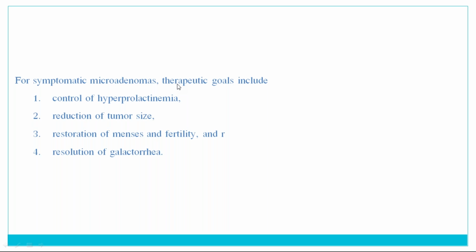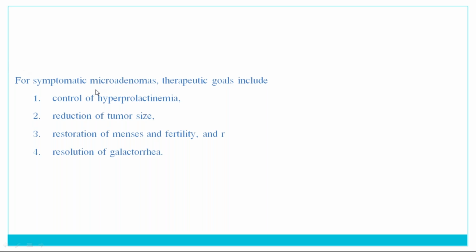What are our goals of treatment? What is she coming with? Mainly her complaint is infertility. So you should try to restore the fertility. And the tumor, there can be macroadenomas, no? There will be mass effect. So you should try to reduce the size of the tumor.